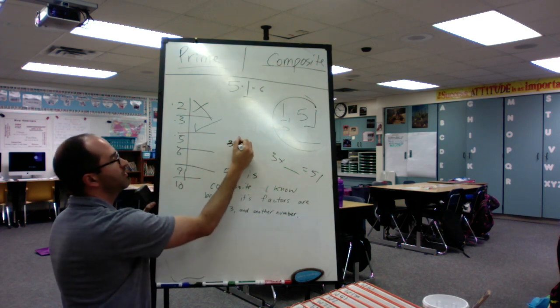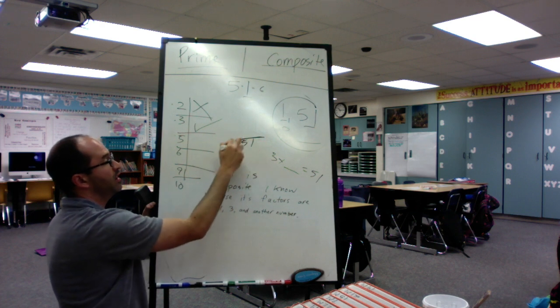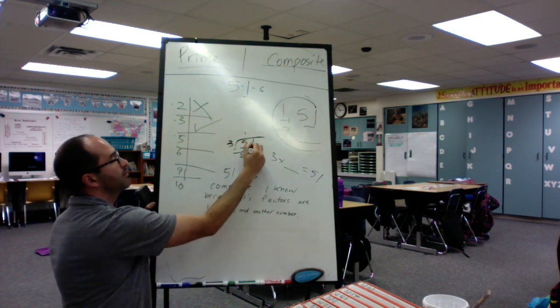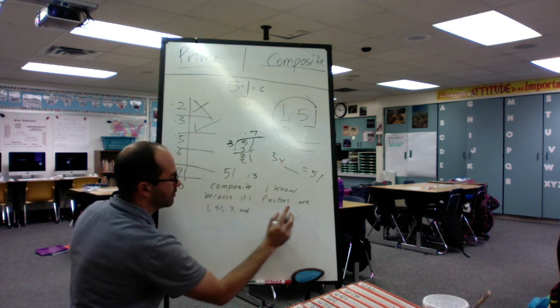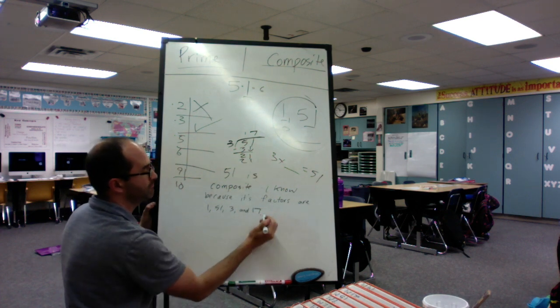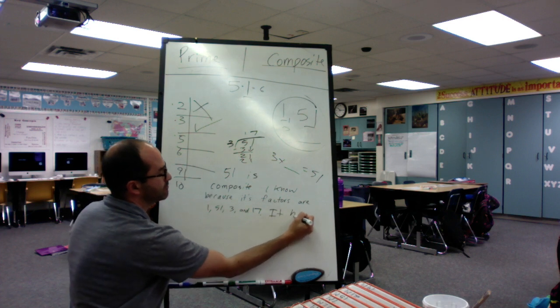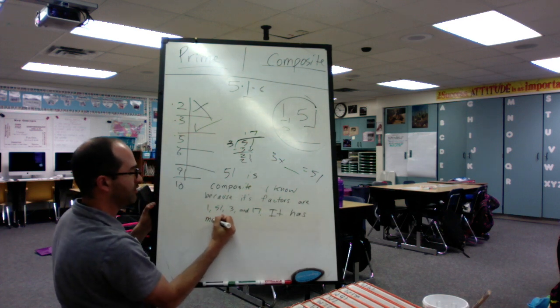If you want to be a rock star and find out what that number is, you could divide 51 divided by 3. It has more than 2 factors.